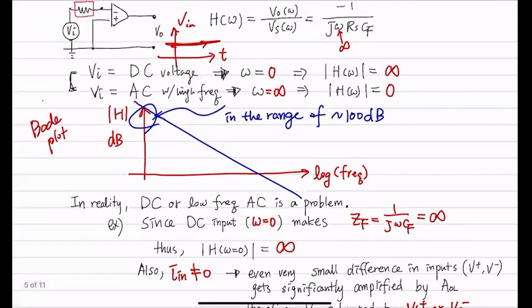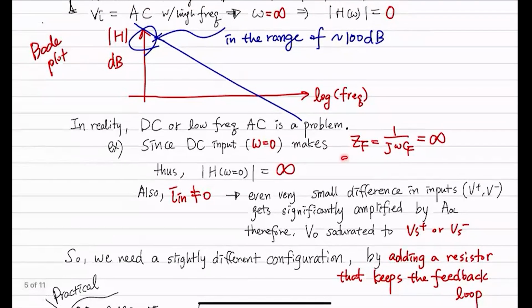So if the input frequency is very low, like a DC volt, then your magnitude ratio is going to be infinite. But here, that's not going to happen because this thing gets infinite and your input current is not 0, so it gets saturated.